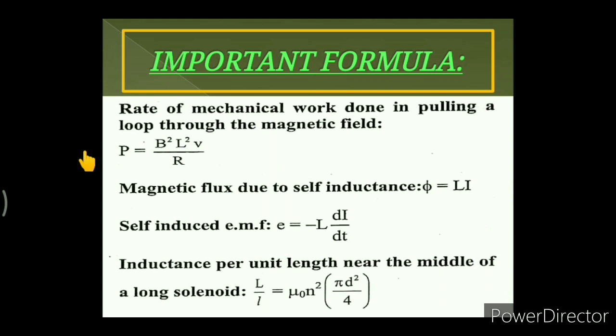Here we come to know that the magnetic flux phi linked with the circuit or coil itself is directly proportional to the current in it, that is I. So phi is equal to LI, where this L is the constant of proportionality and is termed self-inductance or coefficient of self-induction of the coil.